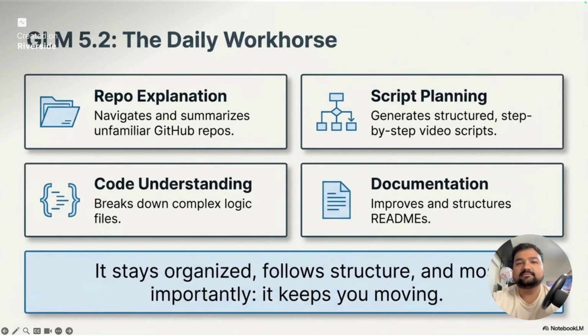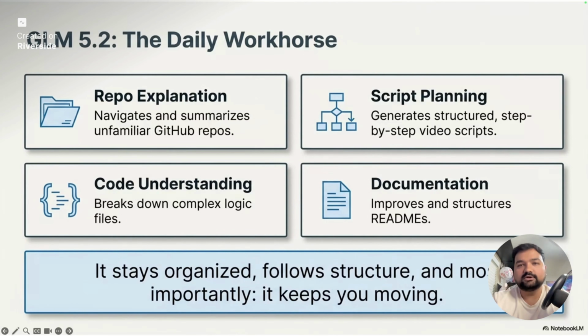GLM 5.2 feels like a daily workhorse for me. It is strong for repo explanation. It can navigate a GitHub project, summarize files, and explain what the code is doing. It is useful for script planning. It can turn a topic into structured sections, video points, and step-by-step talking notes.